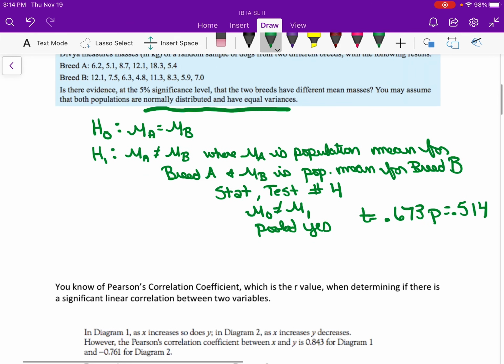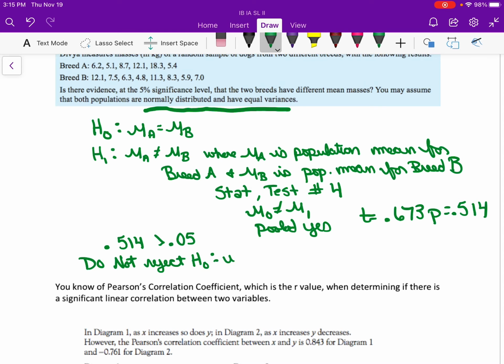All right, so this is a 2-sample t-test, okay? So 0.514 is greater than 0.05. So do not reject H naught.